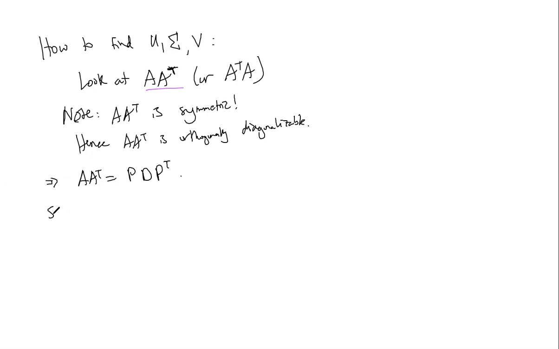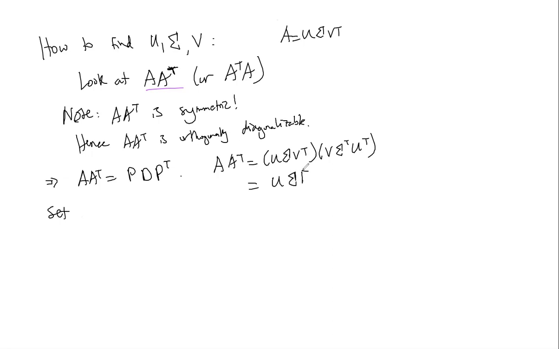What the calculation I did before was: if A is supposed to equal U sigma V transpose, then A transpose is supposed to equal V sigma transpose U transpose, transposing each thing, and then U V transpose V is the identity because it's orthogonal. So you get U sigma sigma transpose U transpose.